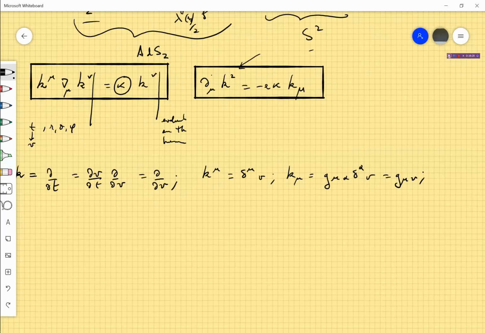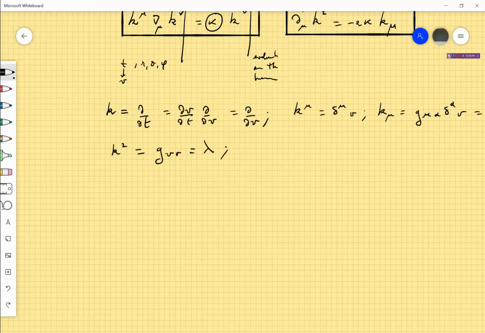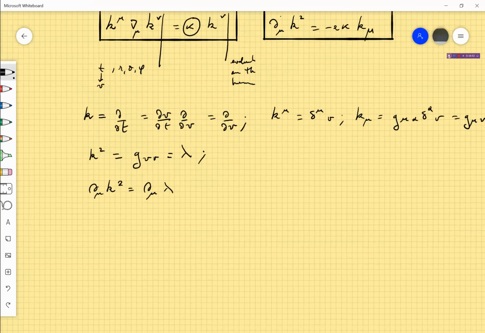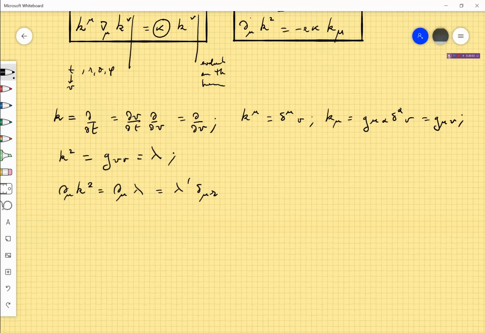On the other hand, if you compute k squared, okay, since this is delta mu v, this is just GVV, and remember that this is nothing but lambda. So let us now compute partial mu k squared. Okay, this is just partial mu of lambda, and this is just lambda prime delta mu r. Lambda depends only on r.